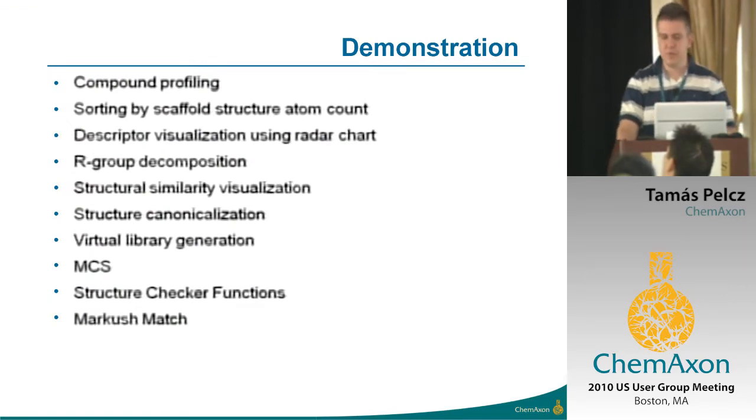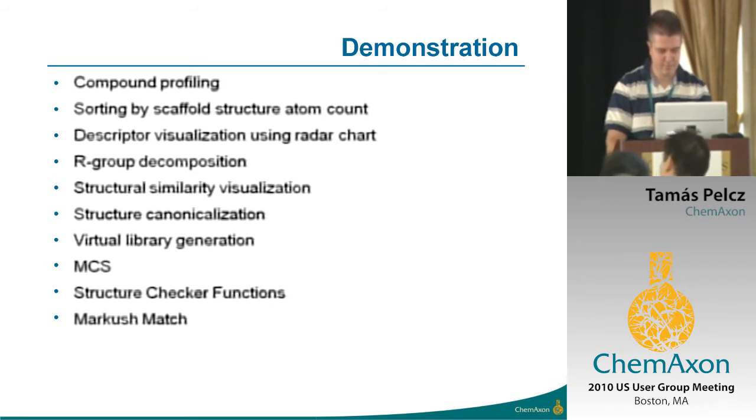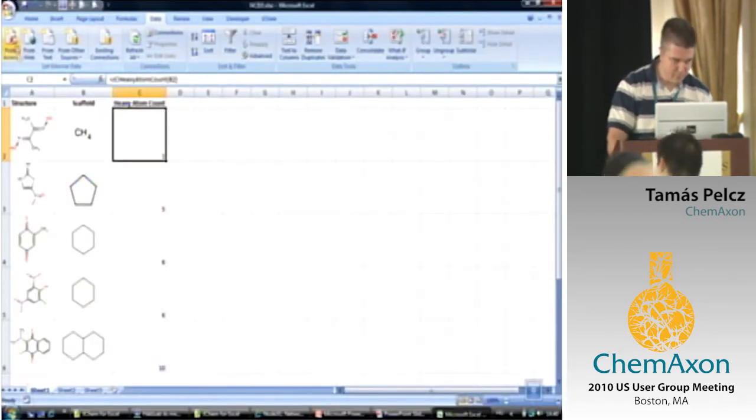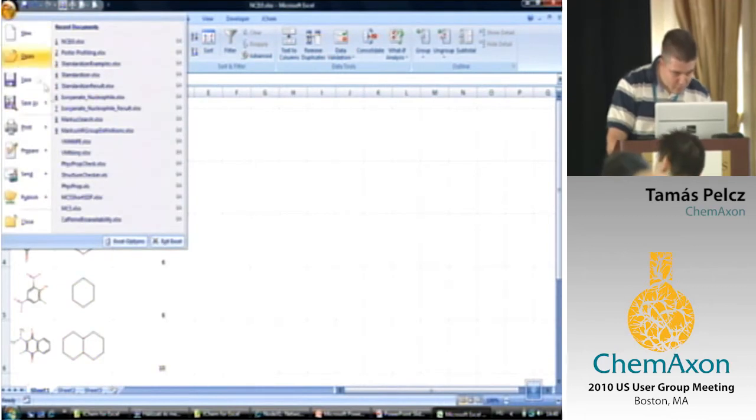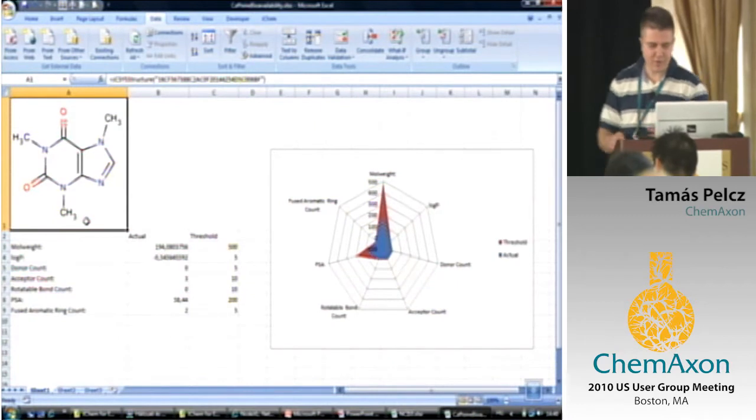The next example is just a very easy example, just to show you how you can visualize some things using the Excel charts. So I have a structure, caffeine, in A1.